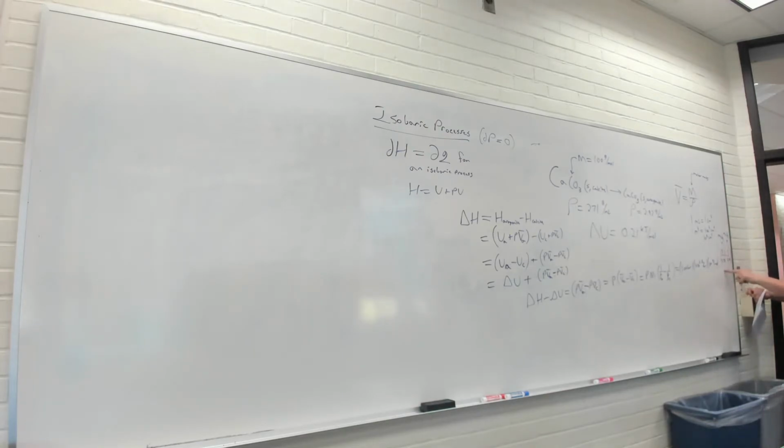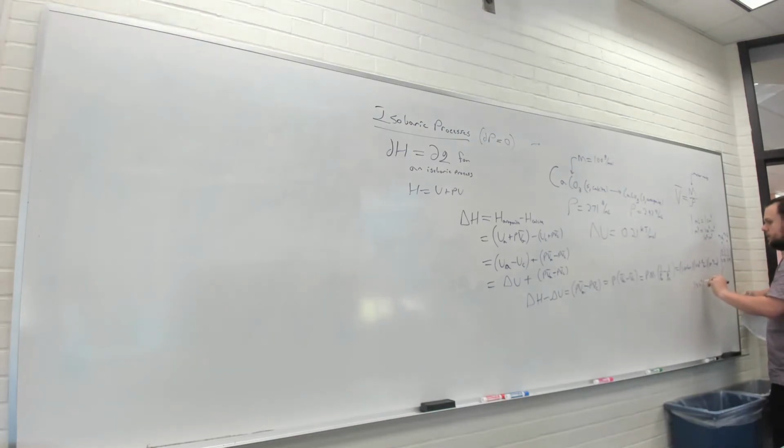So let's do this difference in milliliters per gram. Can someone calculate this for me real quick? 1 over 2.93 minus 1 over 2.71. I'll go ahead and do this side real quick. So we have 10 to the 6 Pascal times 100 grams per mole.